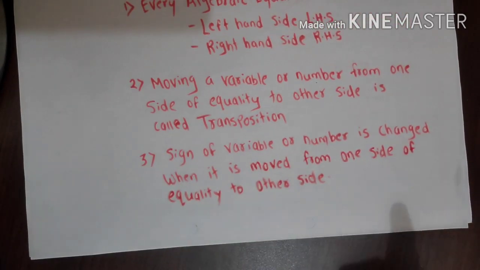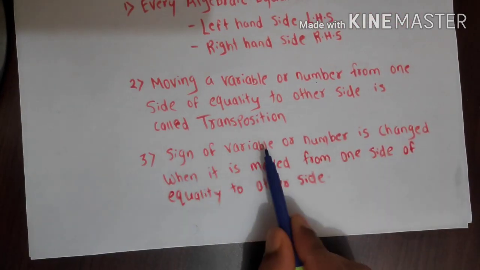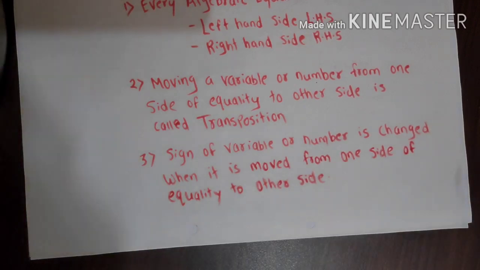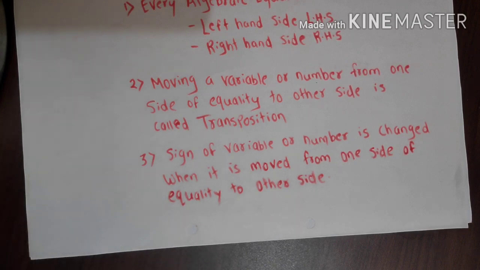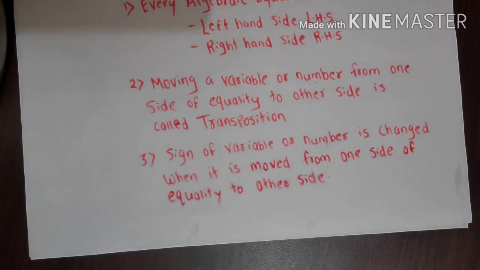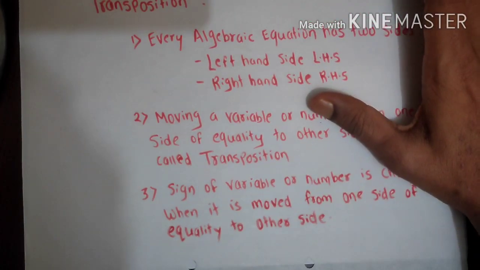And third most important point is the sign of a variable or number is changed during transposition. Means when we move a variable or number from one side to another side, its sign will get changed. That we have seen in one example.